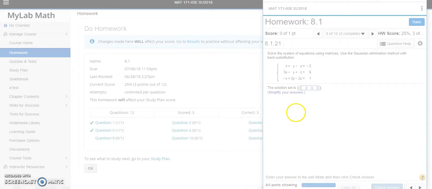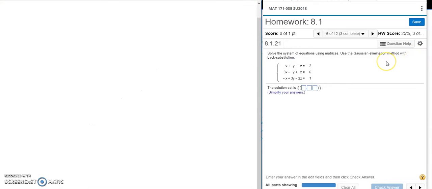There we go. The goal is going to be to get a matrix that has ones on the diagonal and zeros on the lower diagonal. And the rest would all be filled in with numbers, okay?